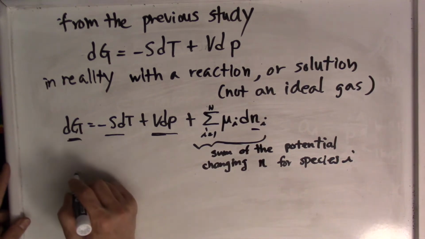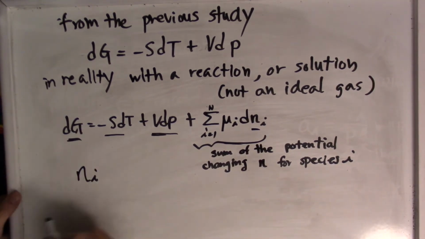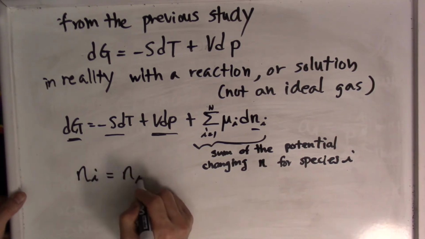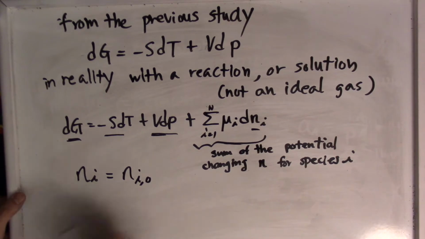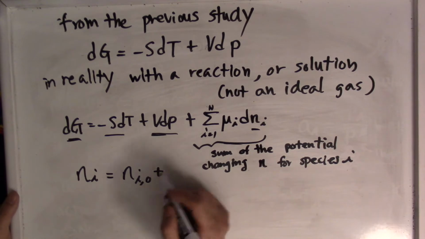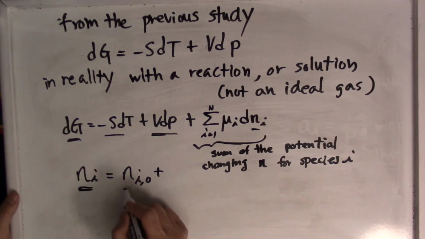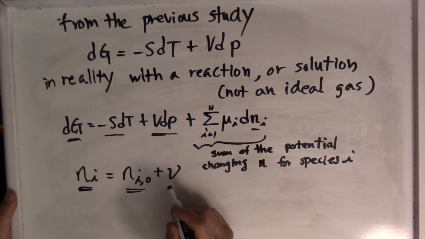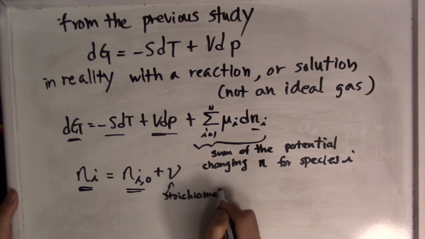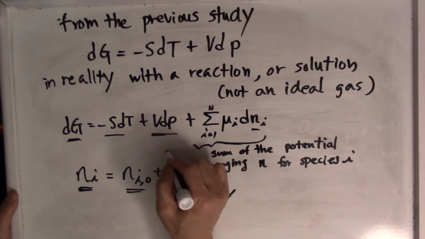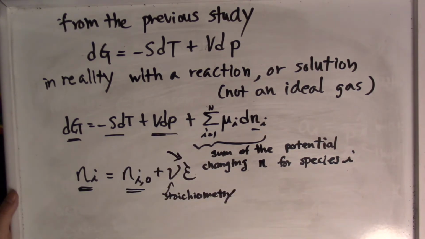Let's say the number of species i is the initial number of species i, plus, if the reaction takes place, then the number changes, so it comes from the initial number plus the stoichiometry number times what we call the extent of reaction. I use the Greek letter symbol.